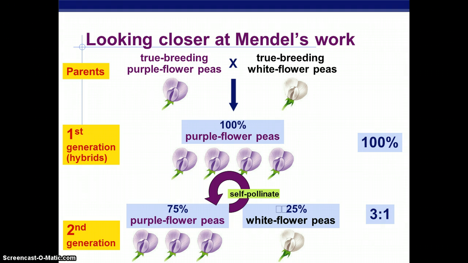The second generation showed that 75%, or 3 out of the 4, were purple, while 1 out of the 4, or 25%, were white. So, to distinguish between these generations, you can shorten those words to P1 for the parent generation, F1 for the first generation, and F2 for the second, and so on.